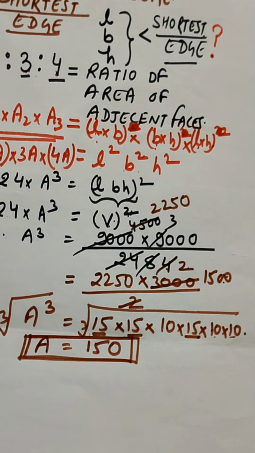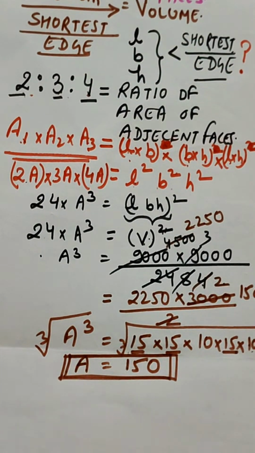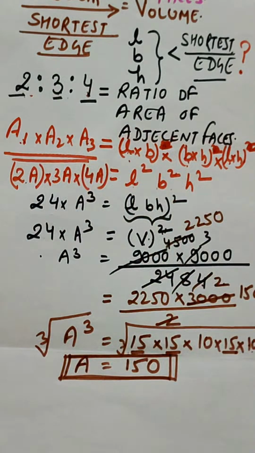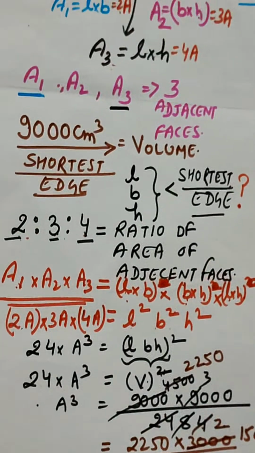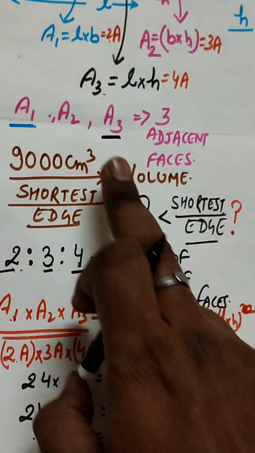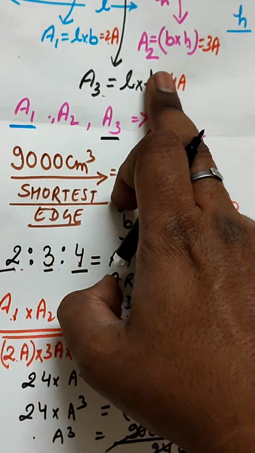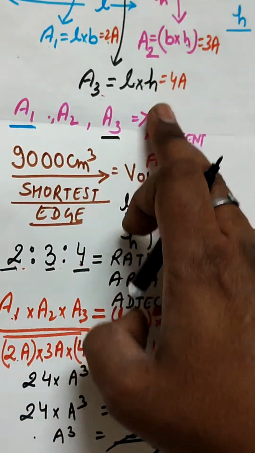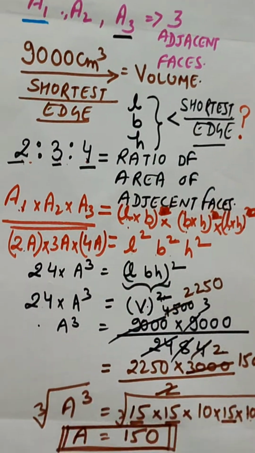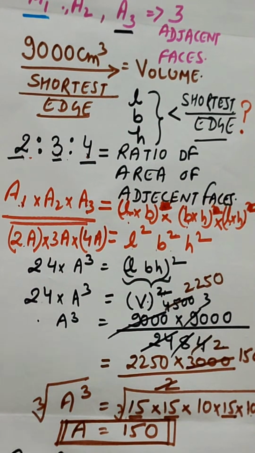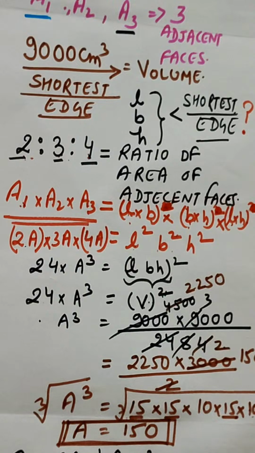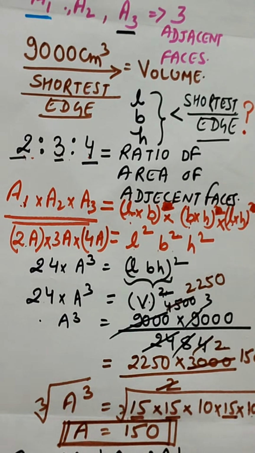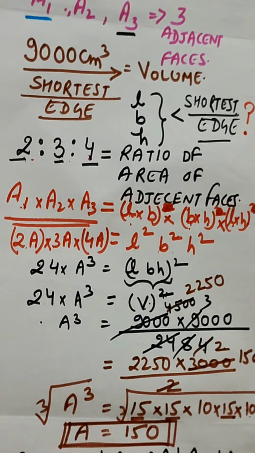Then what are the areas? The three areas are in the ratio 2 is to 3 is to 4. Then we can put up the value of A1. Here you can see A1 is 2 times A, A2 is 3 times A, and A3 is 4 times A. So we can write in place of A1, 2 times A, in place of A2, 3 times A, in place of A3, 4 times A, right?